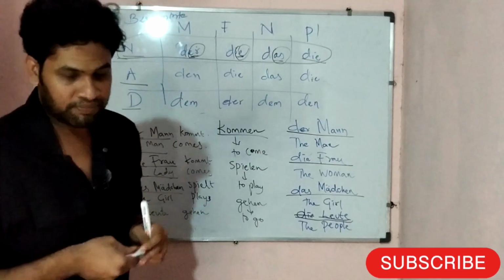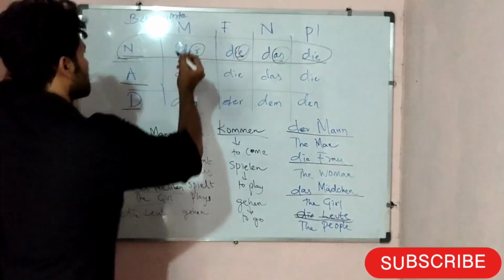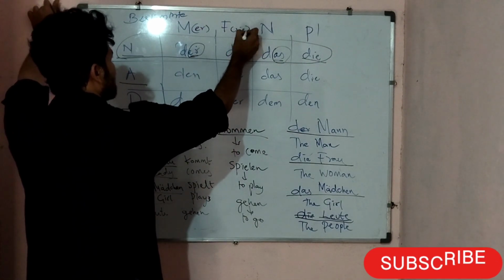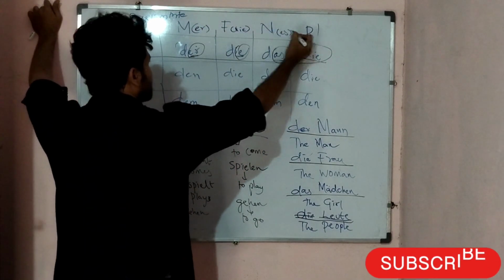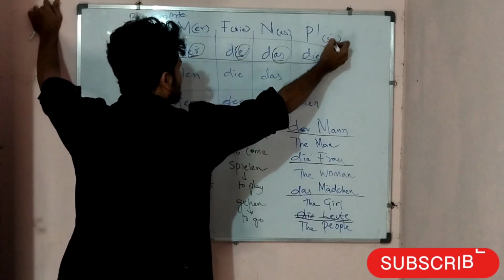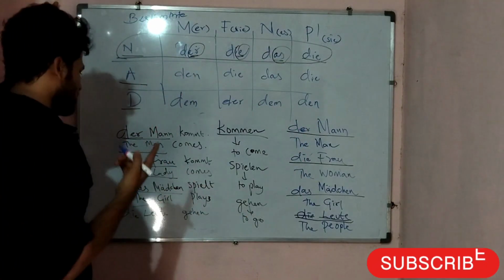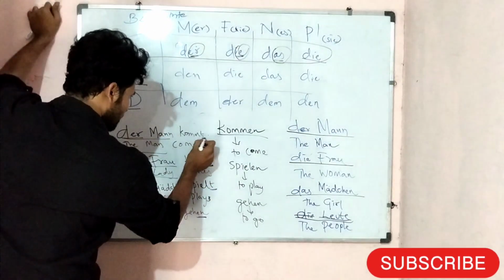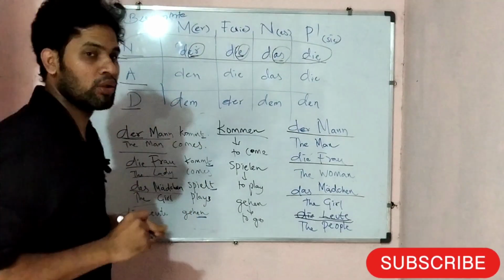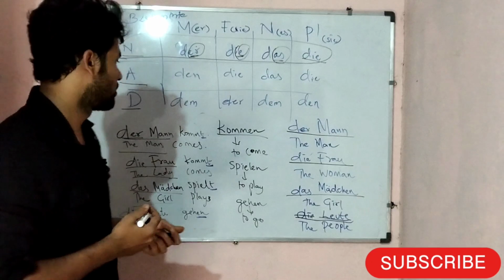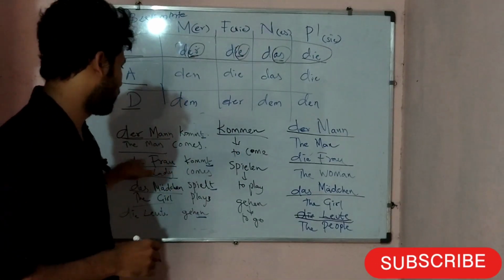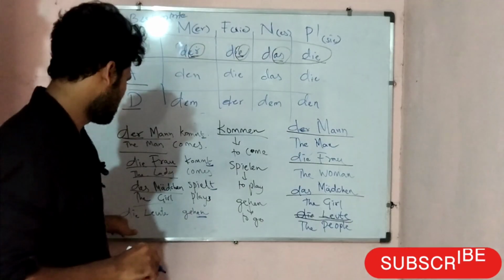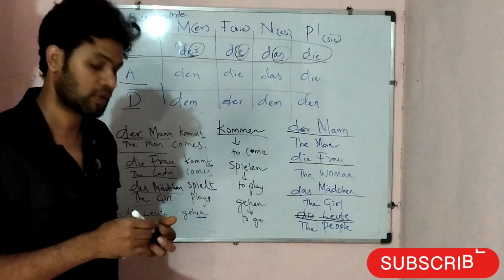To remember it easily: sie is also used for they. So for they, the verb ending is en, as in gehen. The remaining ones all take t. Did you understand? So: der Mann kommt, die Frau kommt, das Mädchen spielt, die Leute gehen.